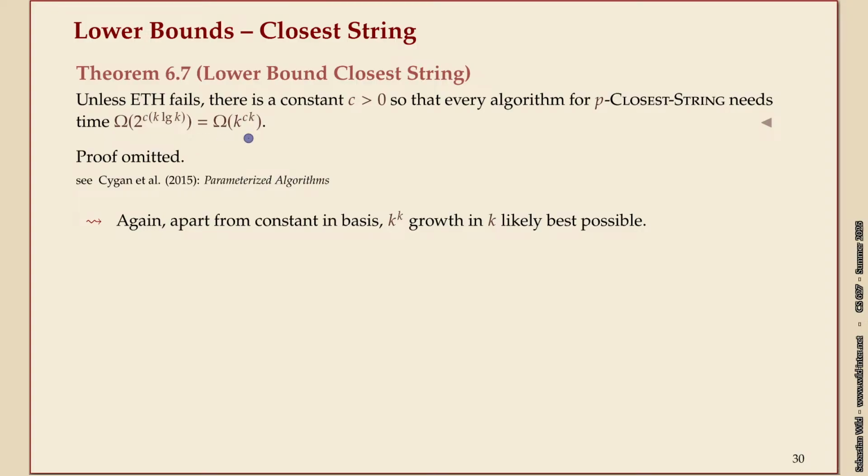And this statement says up to maybe a constant, well, it's still exponential improvement, but the key growth of algorithms solving this problem seem to require this k to the k component. So for this specific problem, closest string, it is unlikely that we can improve the simple algorithm that we've seen by much. So maybe it's not worth looking.